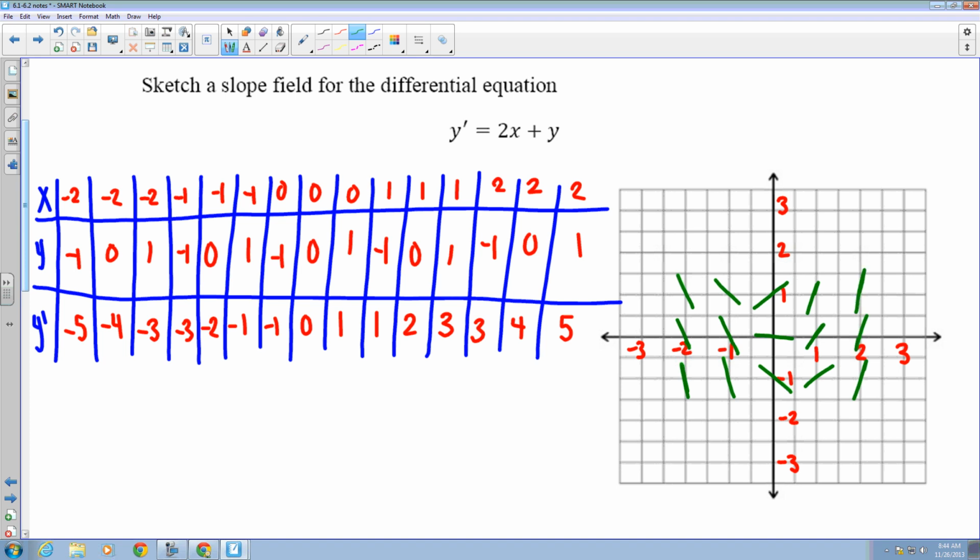Okay, so that's the best that we could do to draw the slopes at each one of those points.